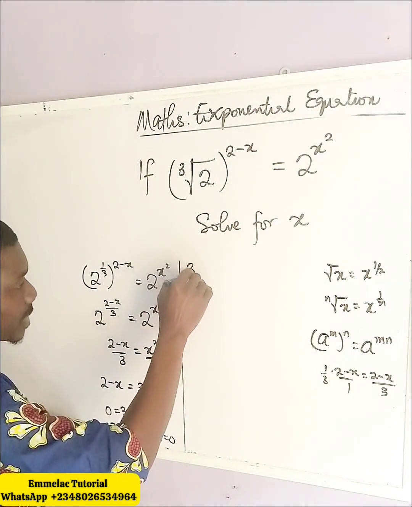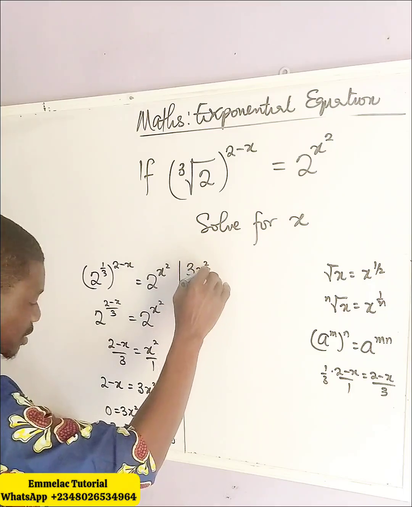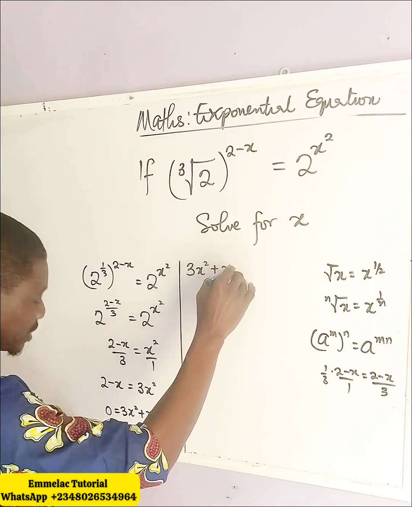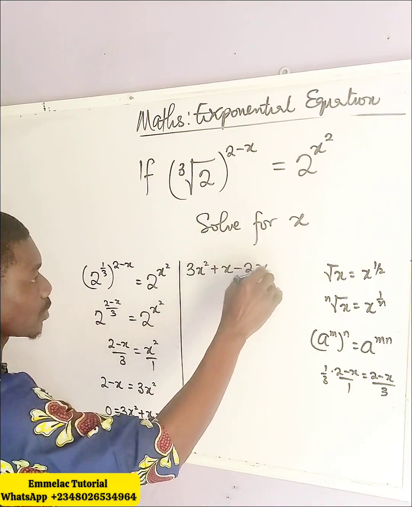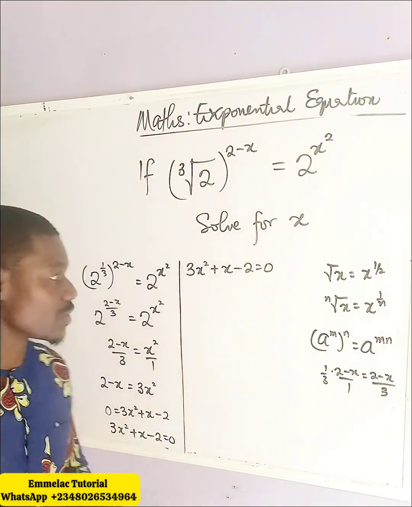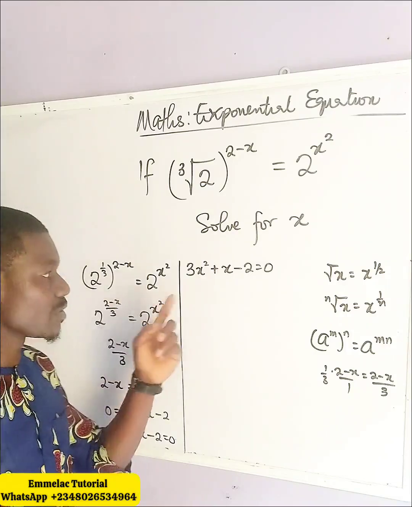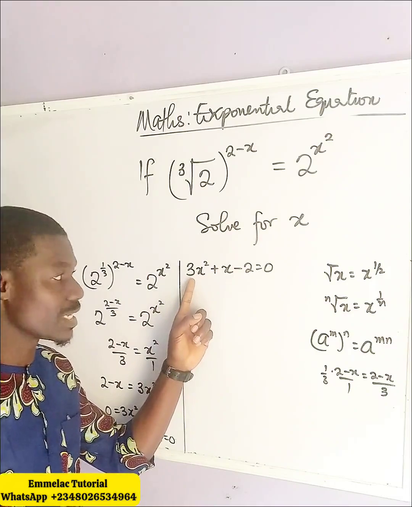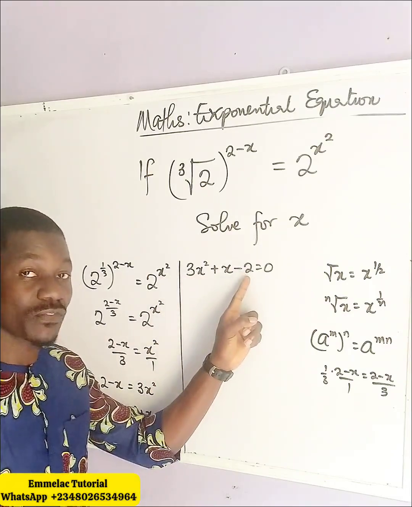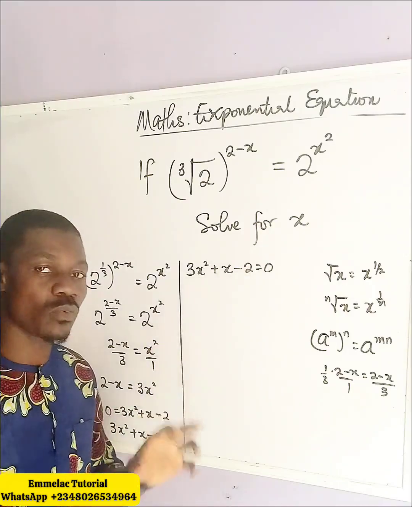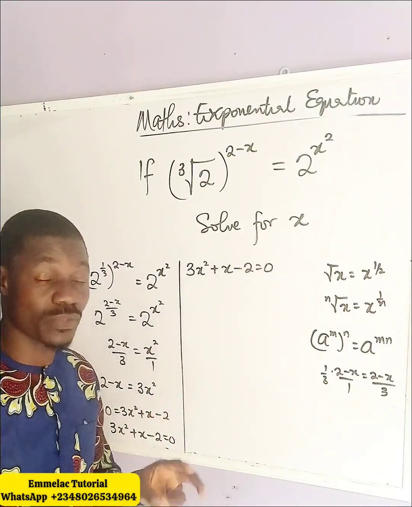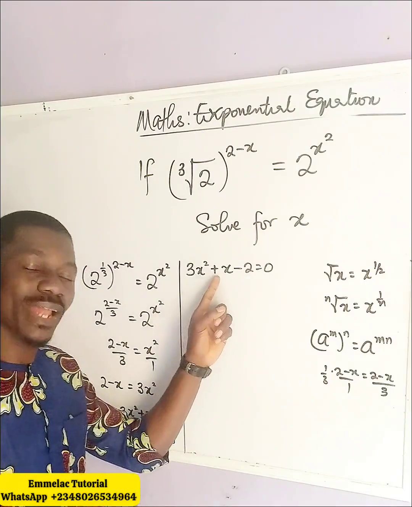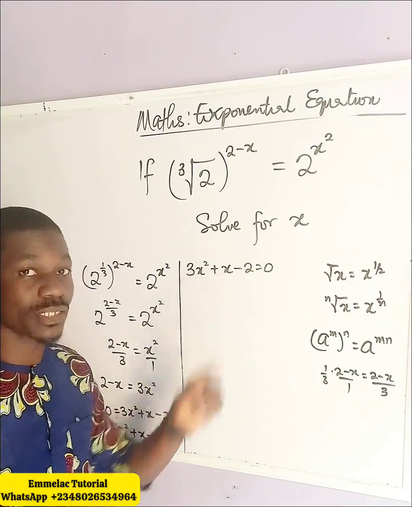So we have 3x squared plus x minus 2 equals 0. To factorize, we take the leading coefficient 3, multiplied by the constant, giving negative 6. What two terms multiply to give negative 6 and add to give 1?